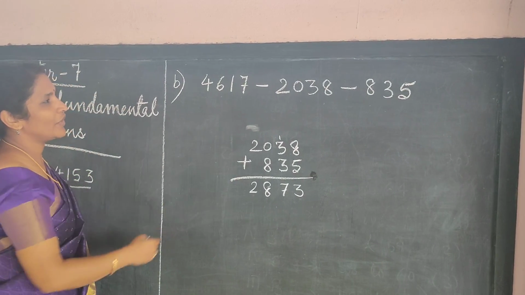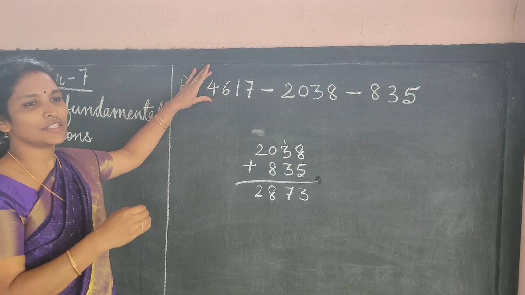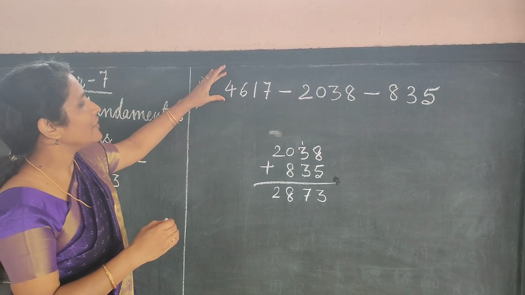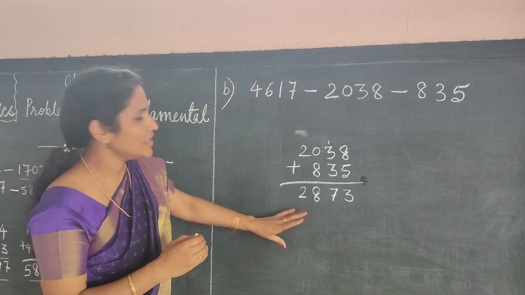Now third step we can do from the plus sign one. Instead of subtracting from the sum of the plus signs, we are having only one number. So we are going to subtract from the plus signed number.